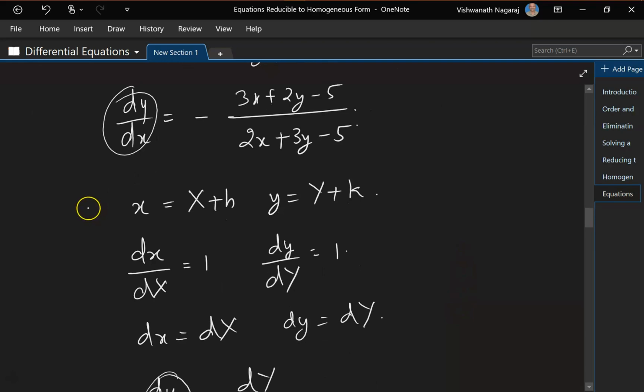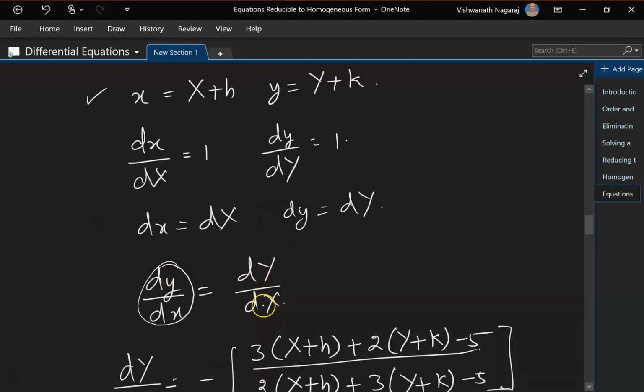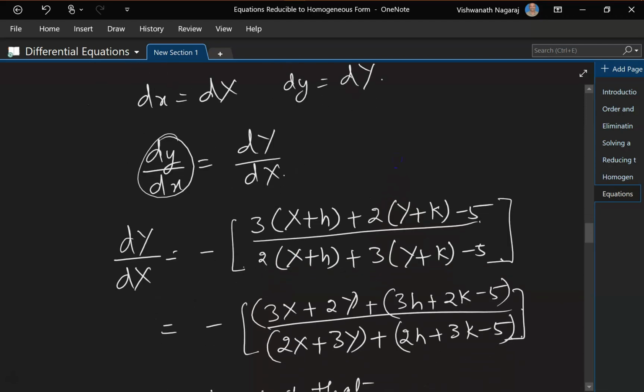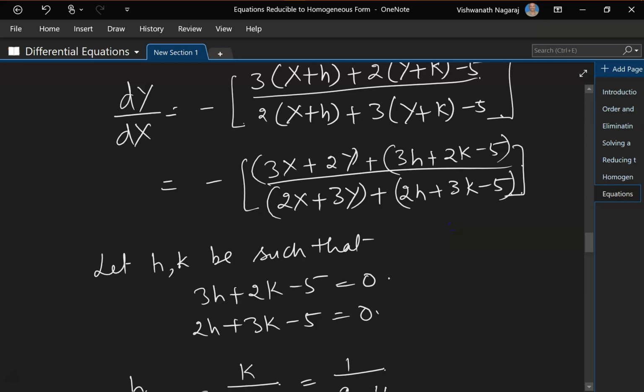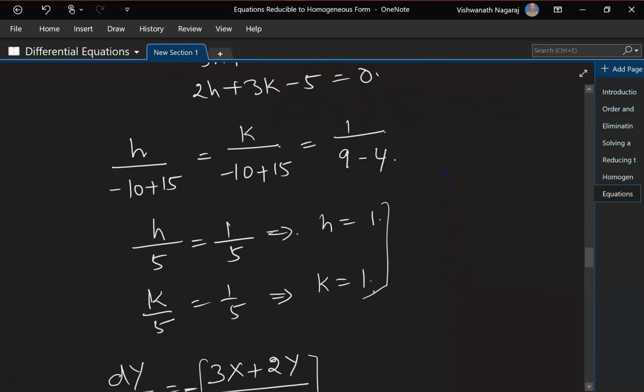So you have to remember, in case it is not a homogeneous equation, you do this substitution, arrive at dy by dx, then equate these two, then simplify and try to make this 0, make this disappear. You will end up with simultaneous linear equations.